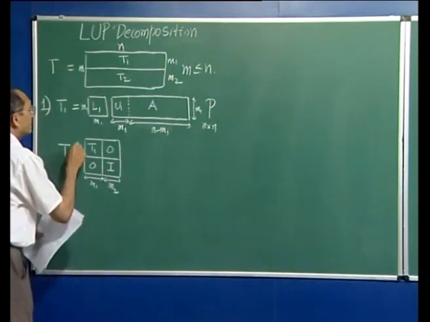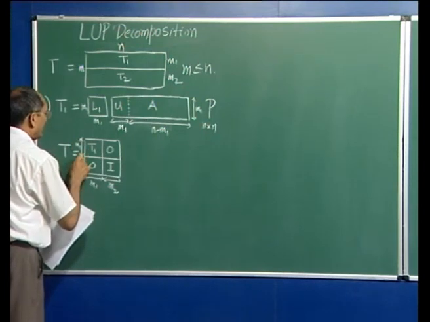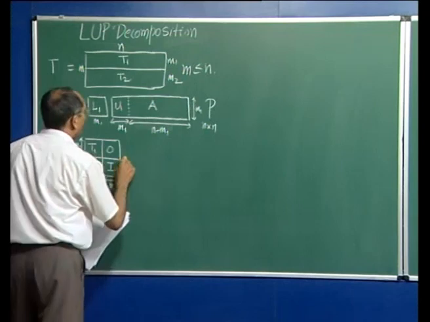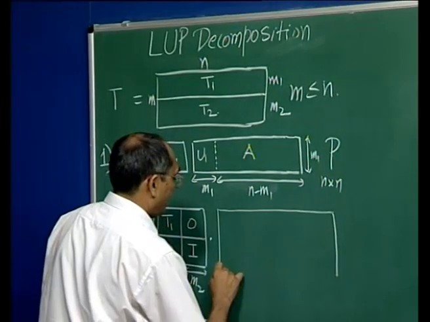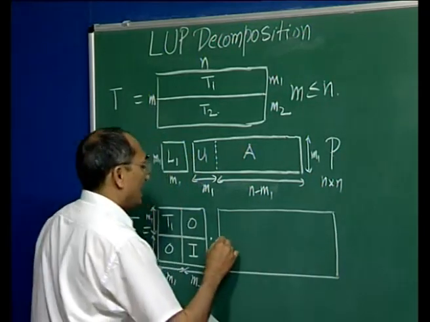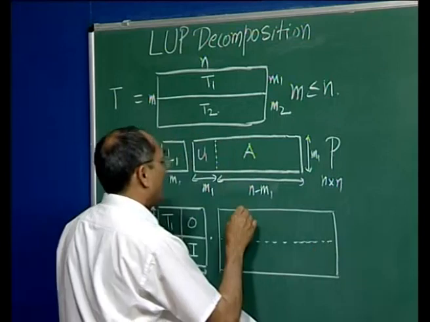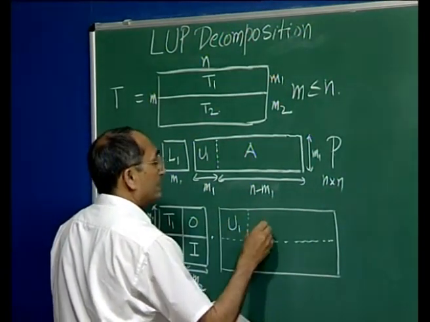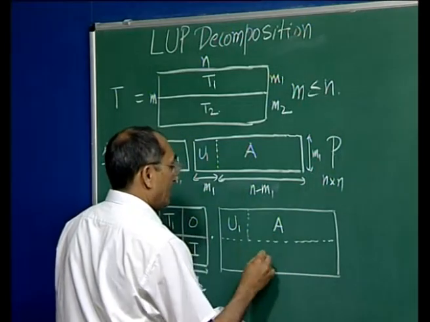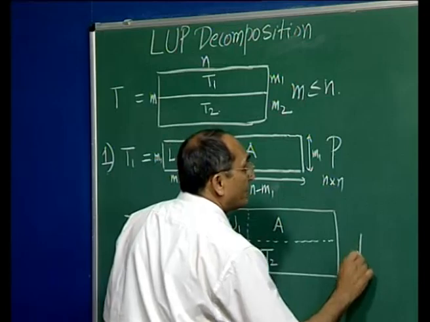By the same token, this is M1 and this is M2. This is U1, this is A. We have T2 here and we have a P there.